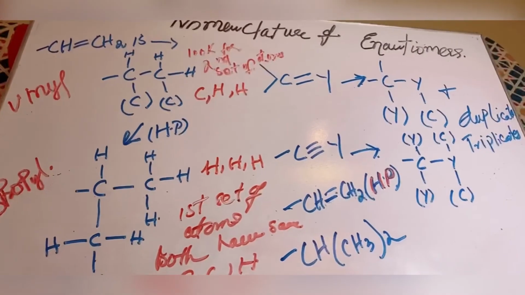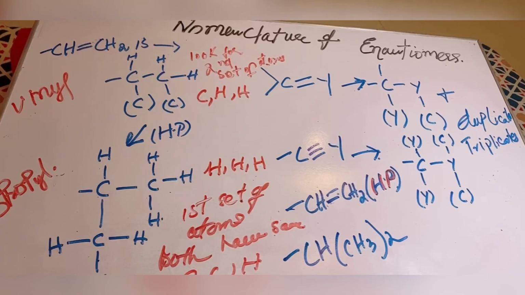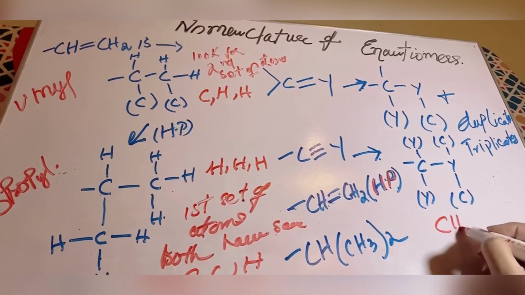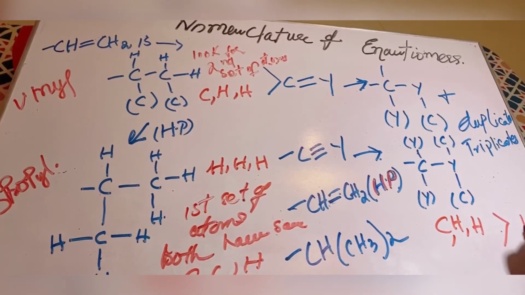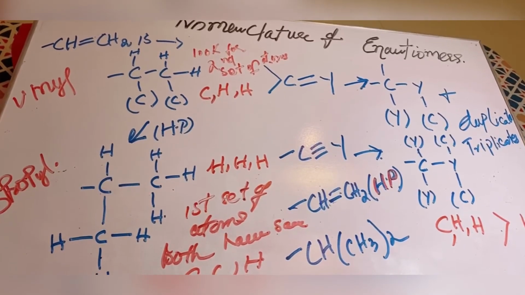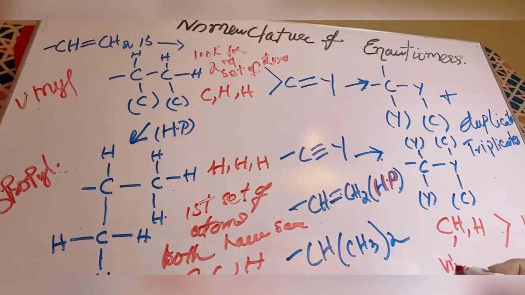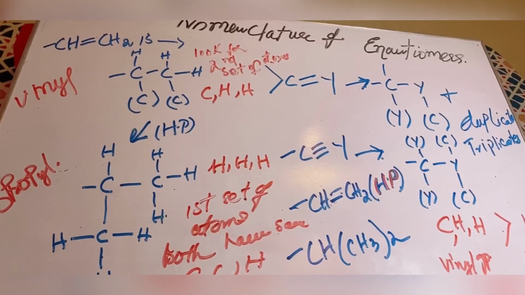So we look for the next set of atoms. So in that sense, the vinyl group was designated as higher in priority as compared to the isopropyl group, that is CH, H is greater than H, H and H, right? That is vinyl group, and that is isopropyl group.